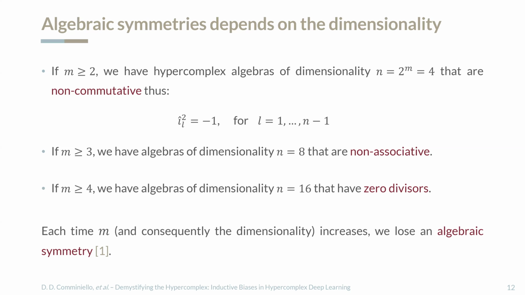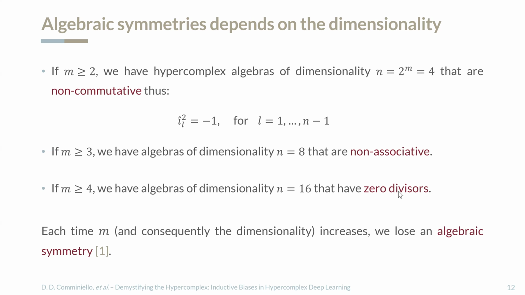So for instance, when we use m that is larger than 2, we have hypercomplex algebra of order 4. These kind of algebras are non-commutative. So this means that if we take the square of each imaginary part, we have that the square is -1. But also, if we grow with the dimensionality, we can lose associativity.